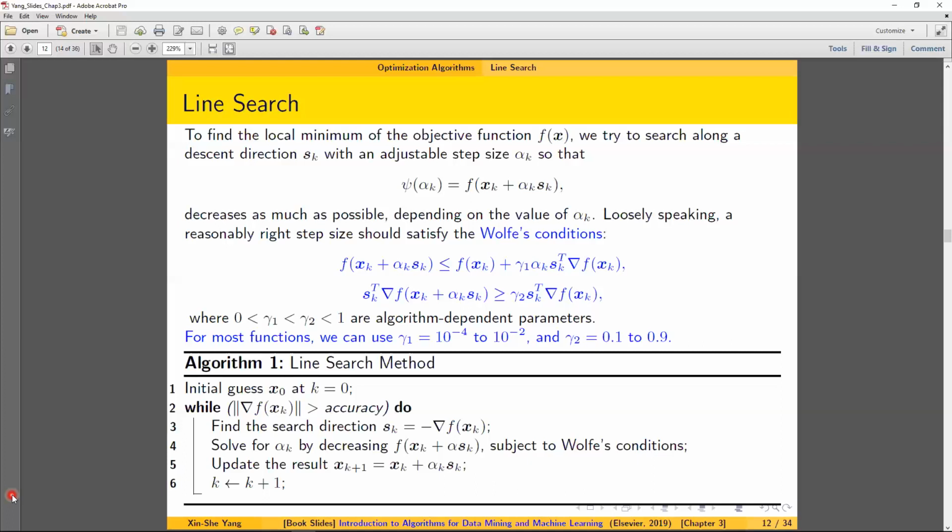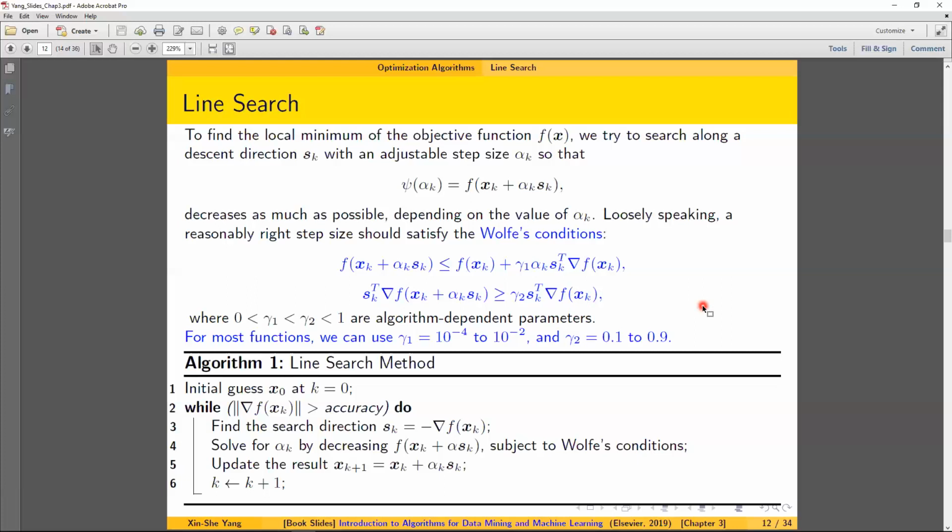Then the Wolfe condition is that f(x_k plus alpha_k s_k) should be less than or equal to f(x_k) plus gamma 1 times the first order derivative with the specific step size. This condition should be satisfied, and the other quantity should be larger than or equal to the quantity on the right-hand side.